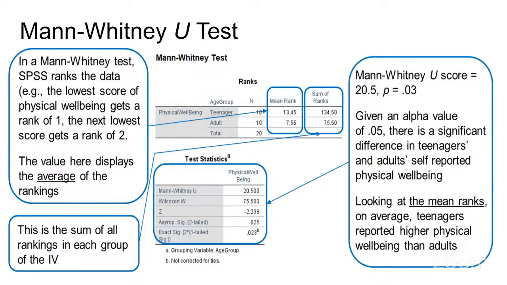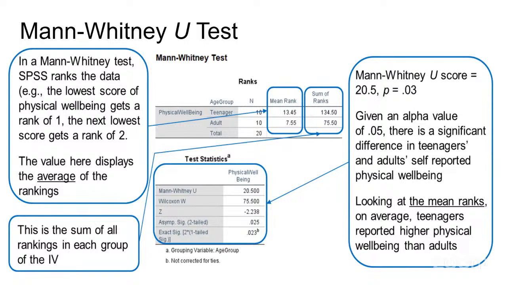So this is the result. In a Mann-Whitney test, SPSS ranks the data. The lowest score of physical well-being gets a rank of 1. The next lowest score gets a rank of 2. Okay, so from the lowest score, it gives the rank. The value here displays the average of the ranking.